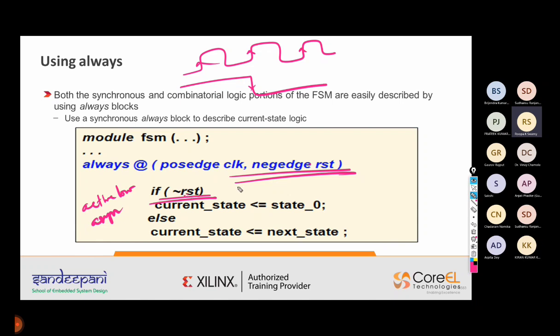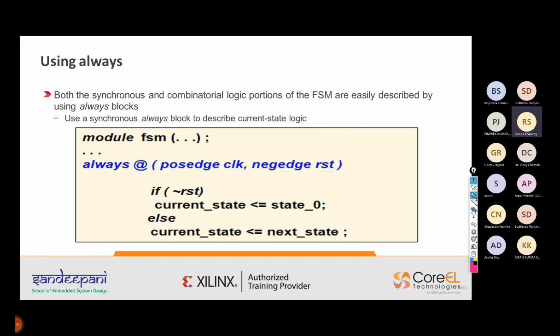Suppose I want this design to be synchronous reset, how do I do it? Remove negedge at the reset. Yes, we should not have this, because in case of synchronous reset, though your reset changes somewhere, my output is not sensitive to this transition.